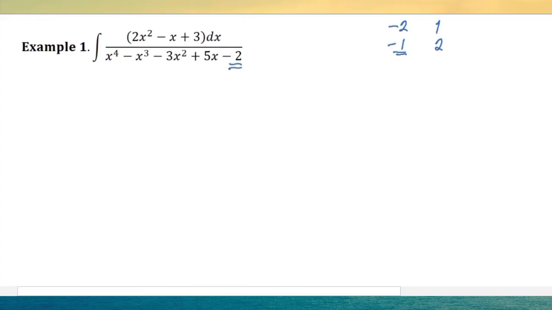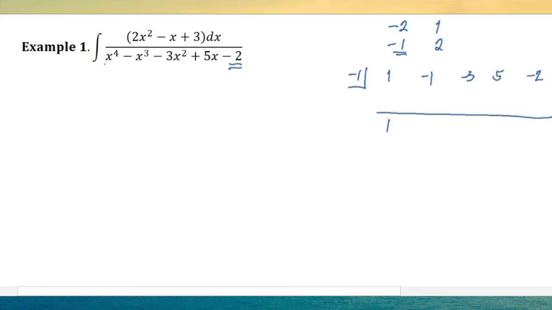We have here negative 1, and kukunin lang natin yung mga coefficients. We have 1 for the x to the fourth, negative 1 for the x cubed, negative 3 for x squared, 5 for x, and negative 2 for the constant.